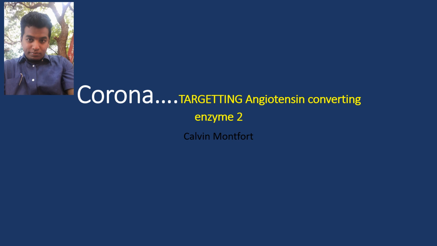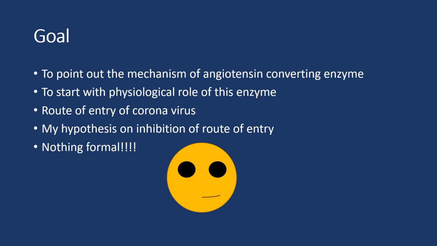I'm Calvin Montfort, and I'm targeting angiotensin converting enzyme 2 of the lung. My goal is to point out the mechanism of angiotensin converting enzyme, to start with the physiological role of this enzyme, to explain the route of entry of coronavirus, and my hypothesis on inhibition of the route of entry.